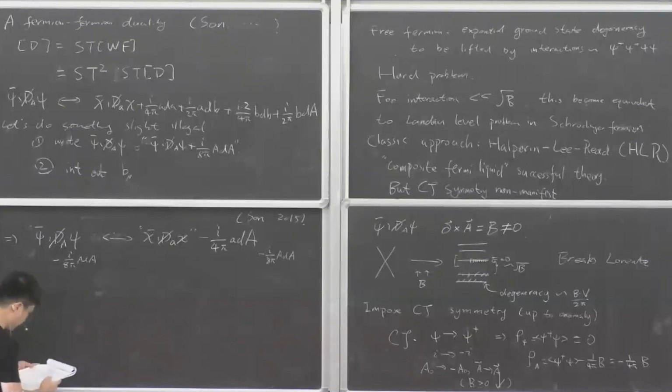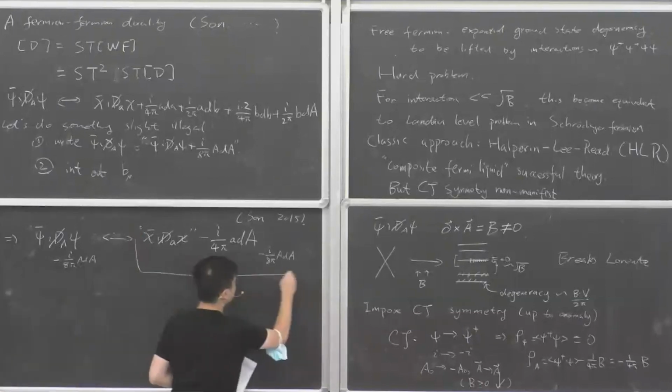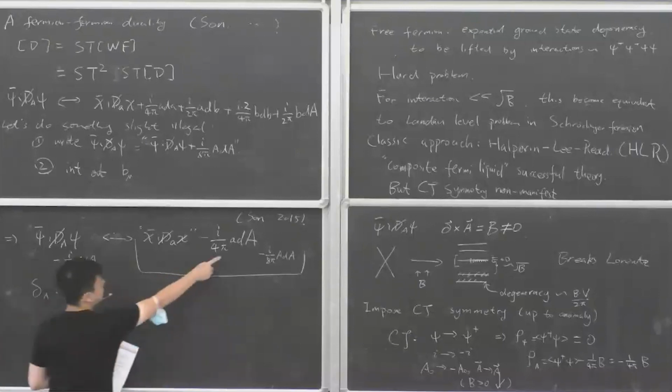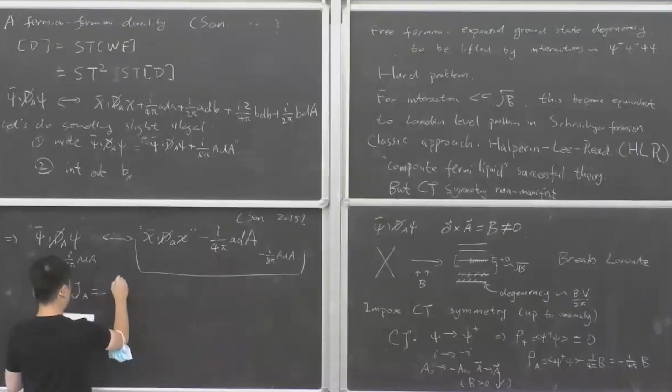It's not too much of a big deal. So just take the theory, and it looks like an interacting gauge theory, but there are certain kinematic aspects that we can get quite easily. For example, if I vary with respect to the probe gauge field capital A, I conclude that my current is just from this term, it's just minus 1/4 pi star dA.